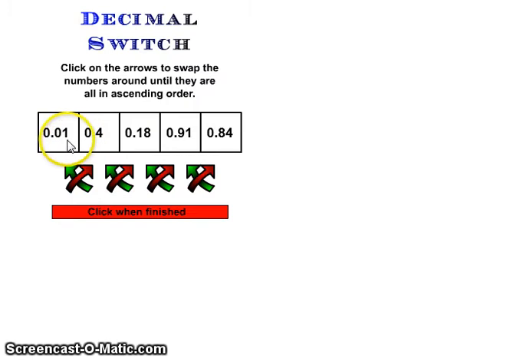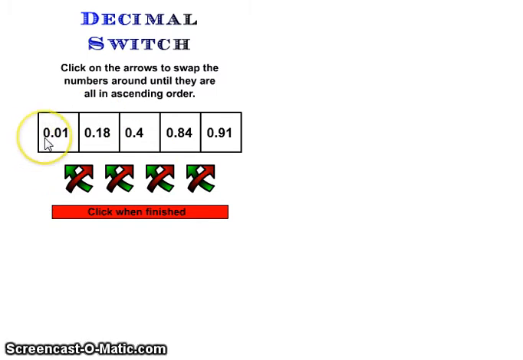Imagine it's like money, is what I would do. This is 1 penny. 1 penny isn't very much, so it would be at the bottom. What's next? 18 hundredths, or 18 cents if you want it to be like money, would actually be here. 18, so we're in order so far, but it looks like we only need to swap these.